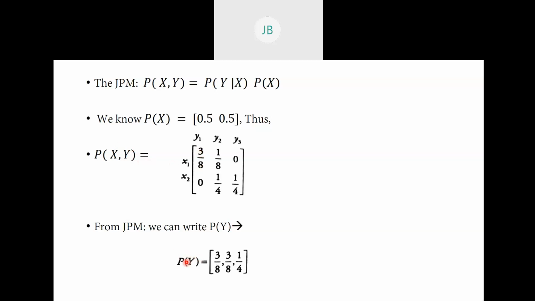You consider these columns here, and that is the probability of the output. We have seen this in the first example. So here 3 by 8, and then the sum of these two elements gives us the probability of y2, and the sum of these items gives us the probability of y3. Altogether that gives the probability of the output.